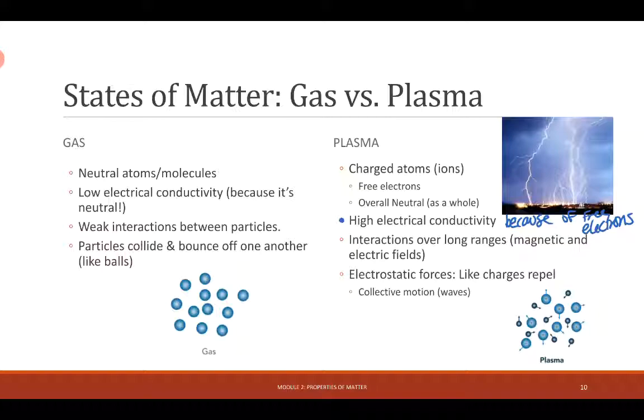Gases are neutral, and so they do not conduct electricity well.